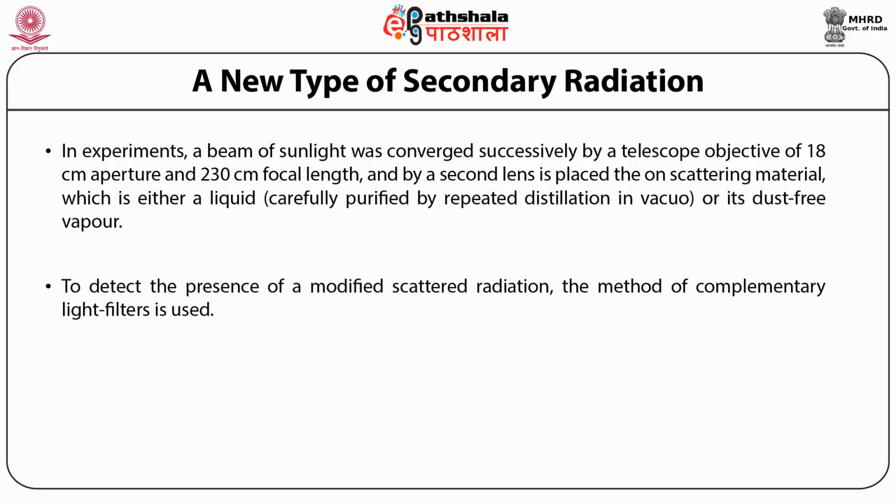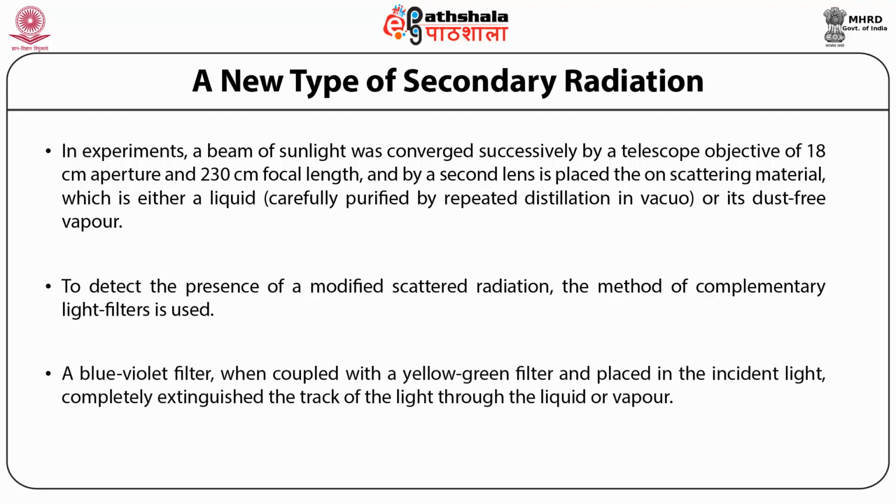To detect the presence of a modified scattered radiation, the method of complementary light filters is used. A blue-violet filter, when coupled with a yellow-green filter and placed in the incident light, completely extinguishes the track of the light through the liquid or vapor.